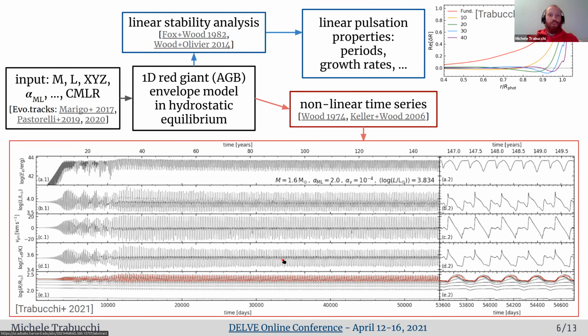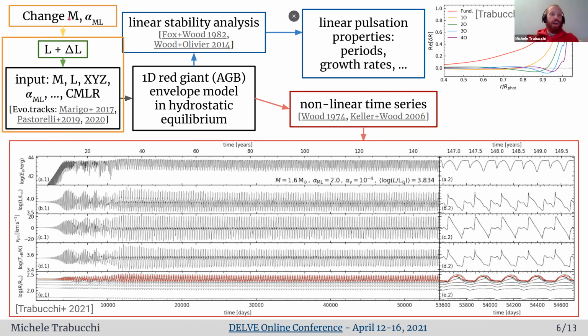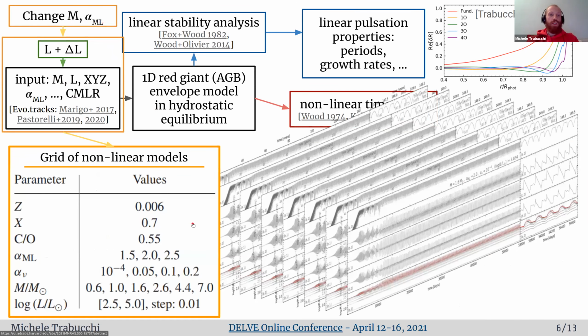Then we perform a Fourier analysis to compute the period of the dominant pulsation mode, and we iterate in luminosity to get a sequence of such models with fixed mass and composition, and then we change the other parameters, especially mass and the mixing length parameter, in order to vary the surface temperature, and we obtain a grid of nonlinear pulsation models that, for the time being, is limited in chemical composition to oxygen-rich, roughly Magellanic Clouds-like metallicity.